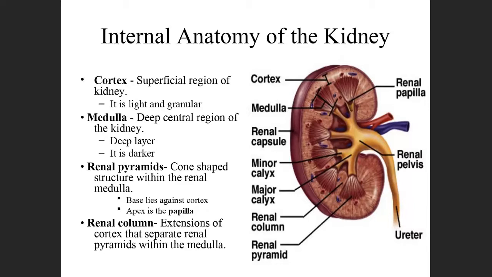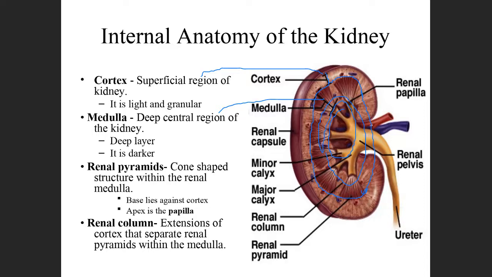One is the outer part, this much is called the cortex, and all the rest of this is the medulla. Outer cortex and inner medulla, like in the suprarenal gland.